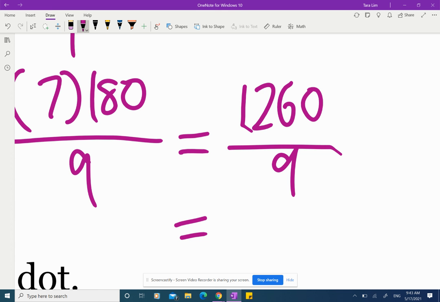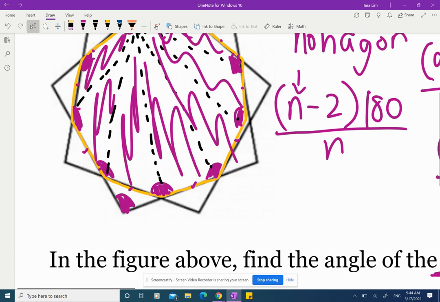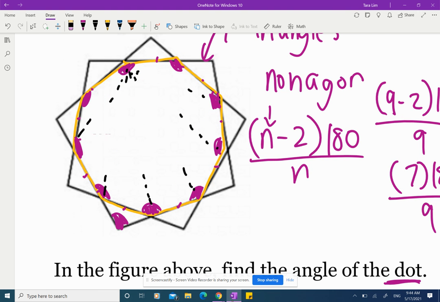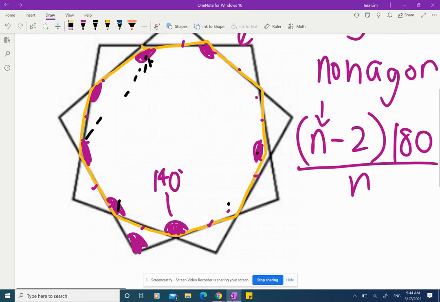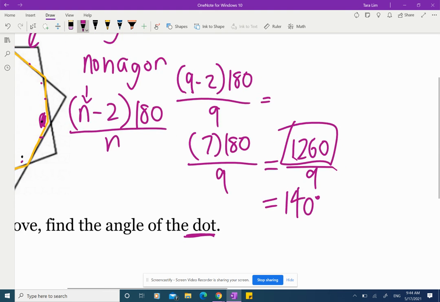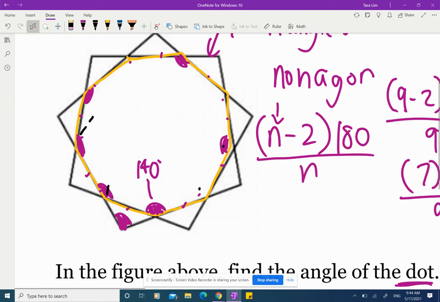Now that divided by 9 will give us 140. So that's one angle of this polygon. So I'm going to erase this. Okay. So you know that one angle here is 140. So all of those angles are 140. And if you add them all up, it's going to be 1260. Now if you don't believe me, you just try it by yourself.